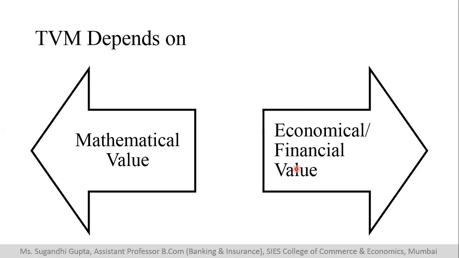But now, if you go with the same rupees 10, the mathematical value being the same, the economical value has reduced because now you can buy only maybe a pencil and an eraser or a scale or a sharpener with the rupees 10 note. So when we are discussing finance, we are talking about the economical or the financial value of the money.